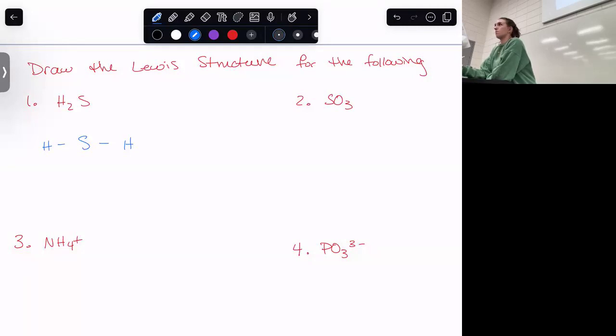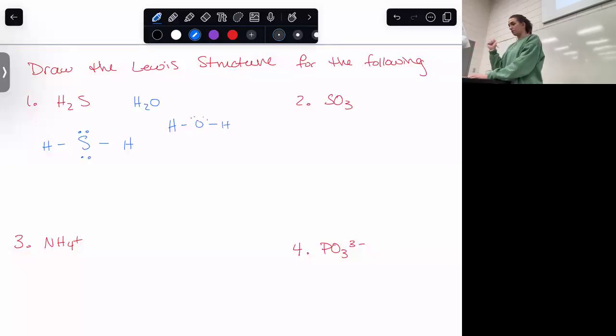Anything else? Awesome. Yep, so we should have something that looks like this. So this looks very similar to if we were to draw H2O, right?